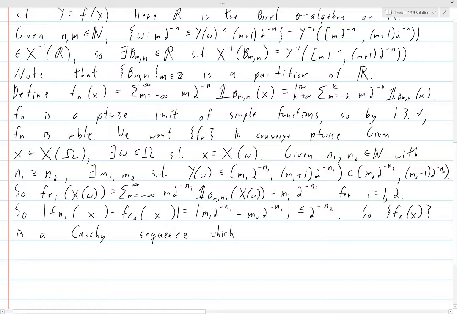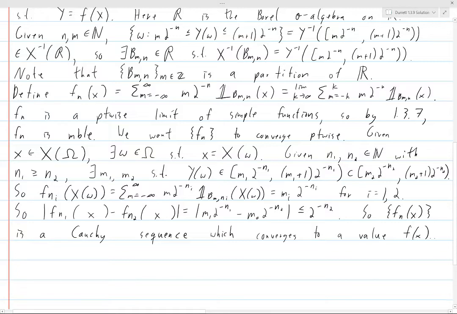And since it's in R, which is complete, it converges to a value which we will call f of x. All right.